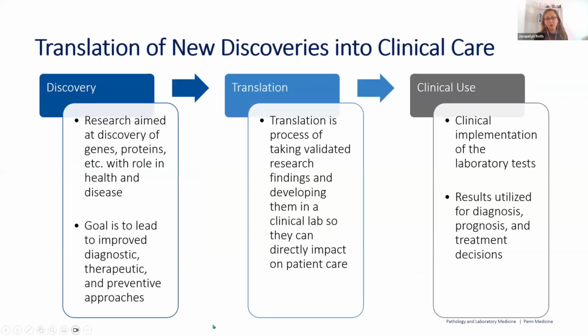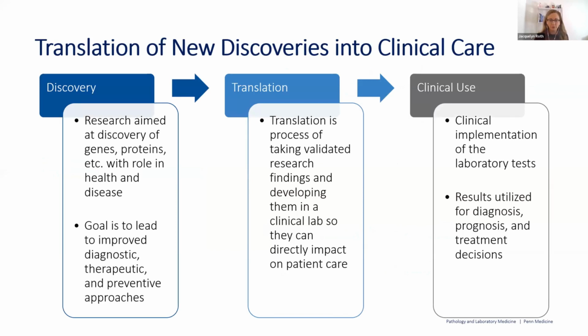So with that, I think we're all familiar with the process of translating new discoveries into clinical care. There's a lot of research going on that's aimed to discover different genes and proteins that might be important in disease, with, of course, the goal of translating this into clinical care.